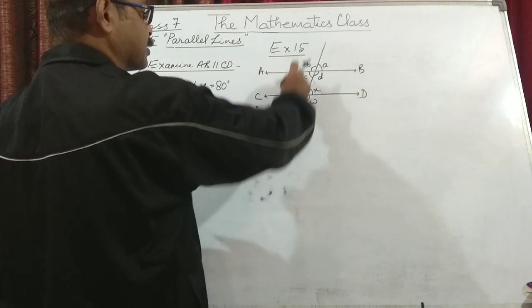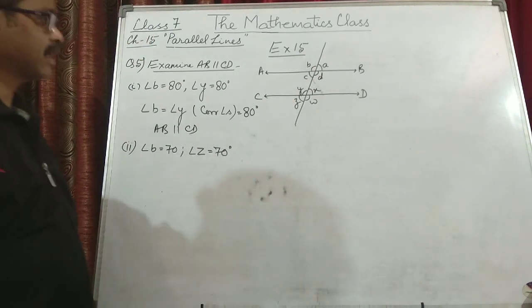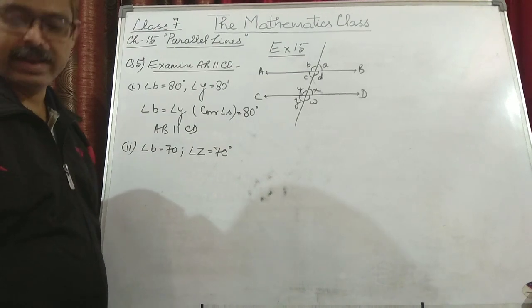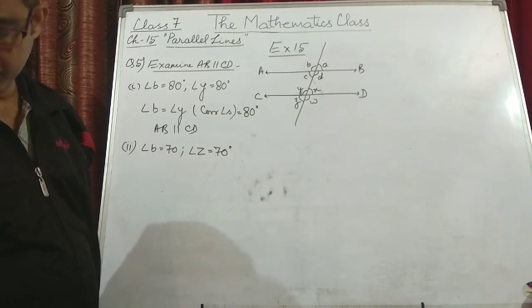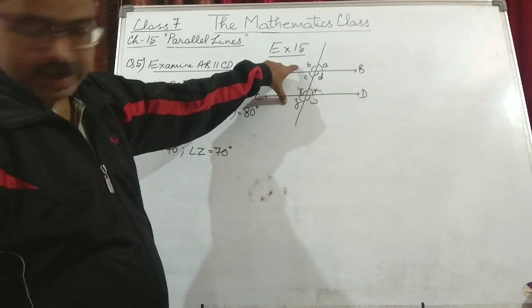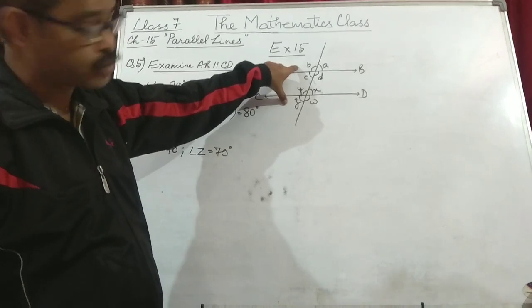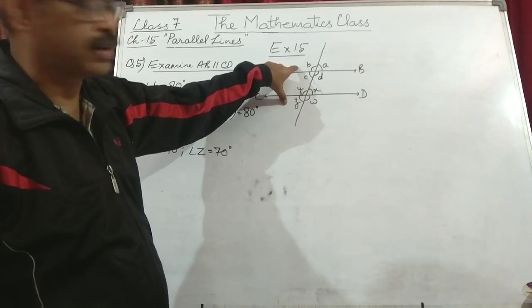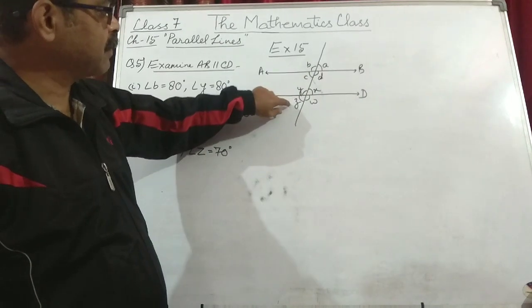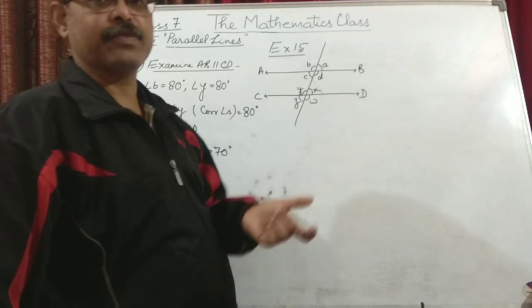In this case, they are not corresponding angles, not alternate interior angles, not alternate exterior angles, and not co-interior angles. It means we don't have any information about angle B and angle Z. What type of angles are they?